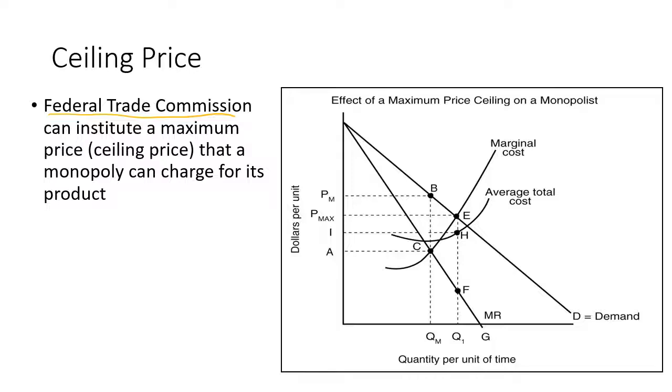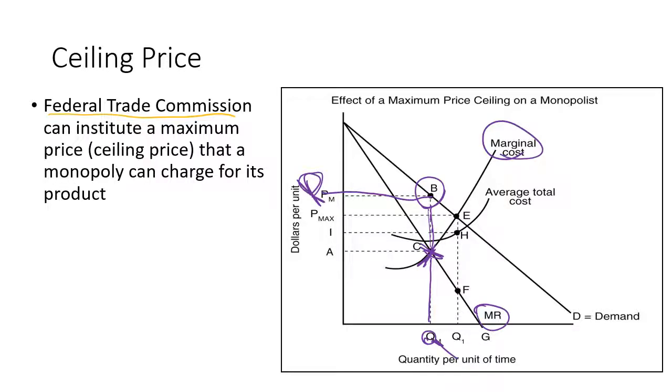What that is going to do is actually reduce the profits of the company. So if we're looking at here's the marginal cost, here's the marginal revenue, the place where marginal cost equals marginal revenue is the quantity that this company is going to produce. Then we follow that line up to the demand curve. So B is the price that they would set if they had the choice.